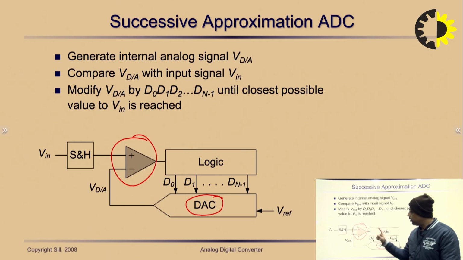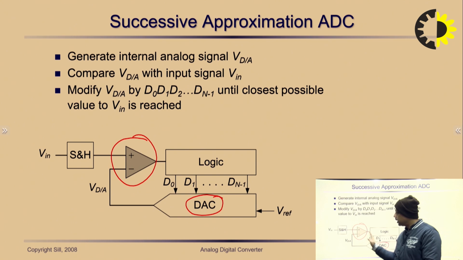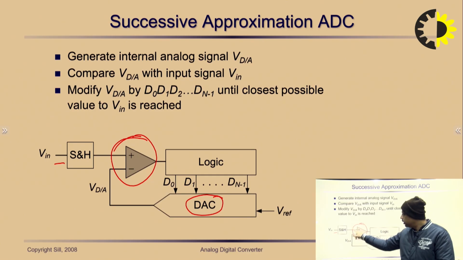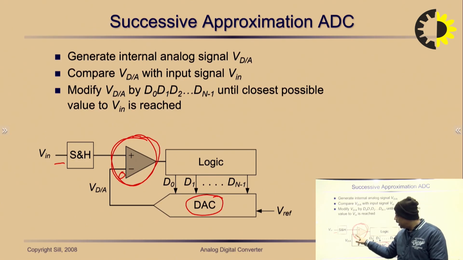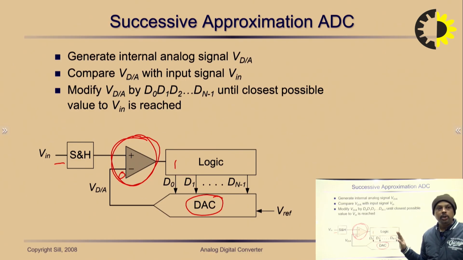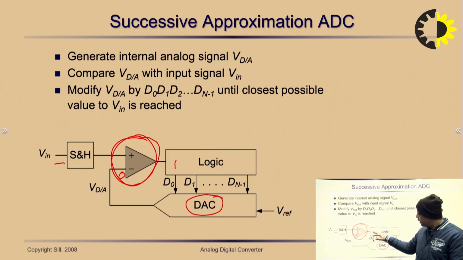So what this circuit does is, an input voltage is provided to the logic circuit, where it is compared. If the compared value is greater than the initial 0 value, it sets the most significant bit to 1 and the rest of the bits to 0, and it provides the data to the DAC, which produces an analog output equivalent to 1 0 0 0 0.